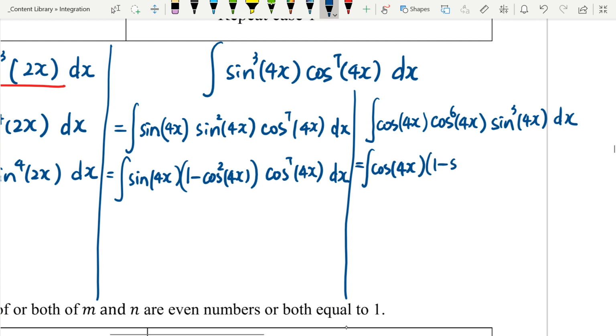So that's 1 minus sine 4x, and then you have another power of 3 here. Do you see why we should change the smaller one? Change the smaller one, you don't have a large power there. It's only power of 1 there, but this case is power of 6, then it's power of 2, and then power of 3. So we need a power of 3.